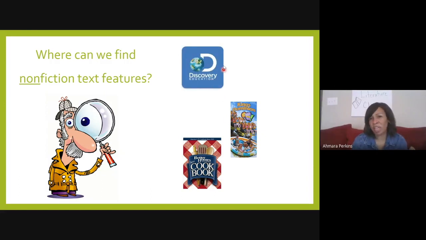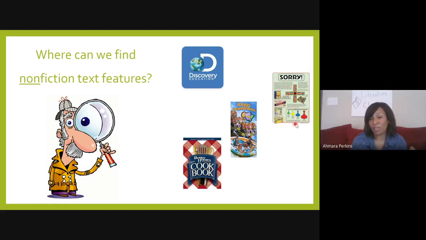In your history textbook or your science textbook, you're going to see headings, subheadings, words in bold print, italicized words, a glossary, and a table of contents. All of those are nonfiction text features that you will find in your book.